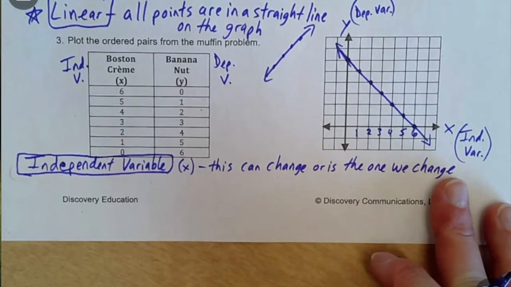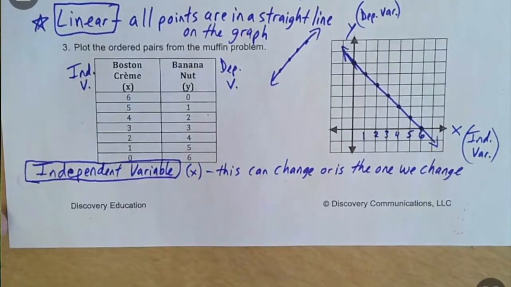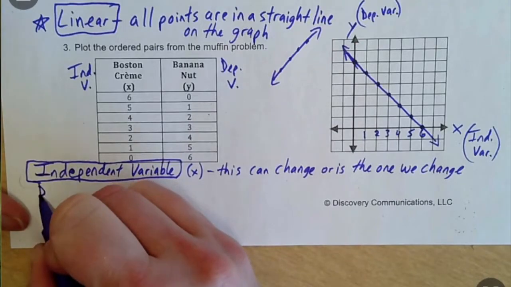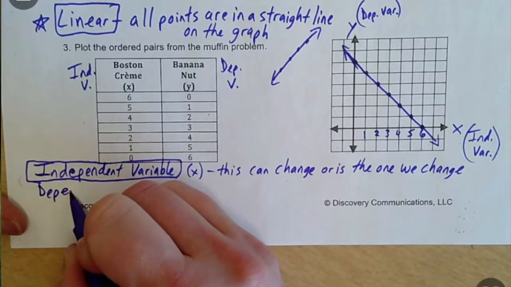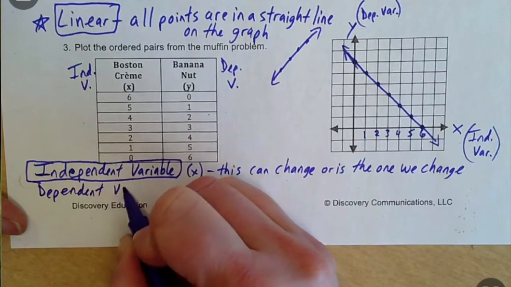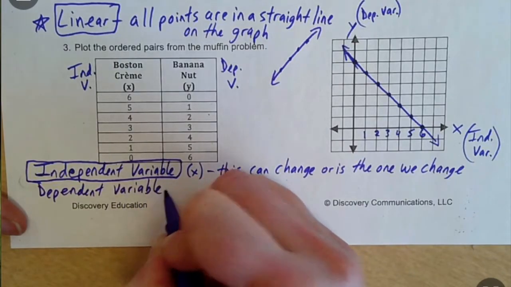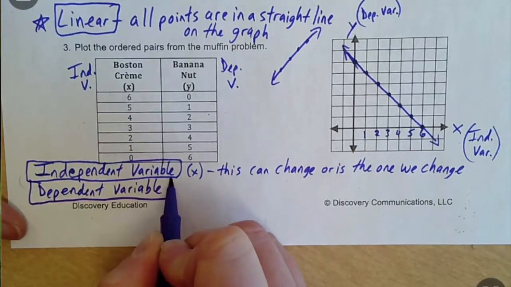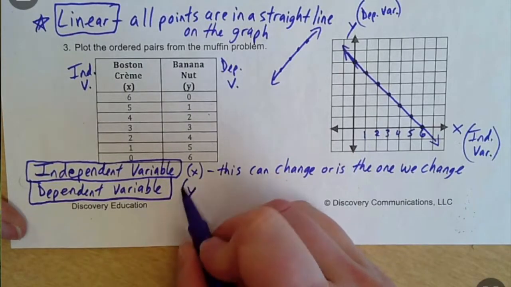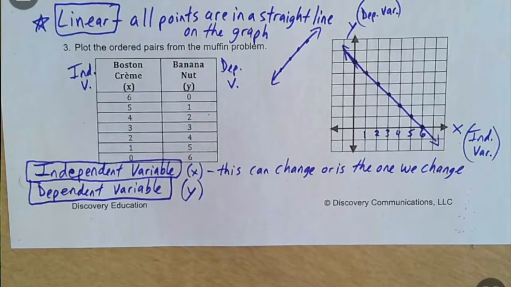The dependent variable actually depends on whatever we plug in for X. So the dependent variable, if that one's X, the dependent is Y. Y depends on what we plug in for X. Depending on what number we plug in for X, that's what happens with our Y number.